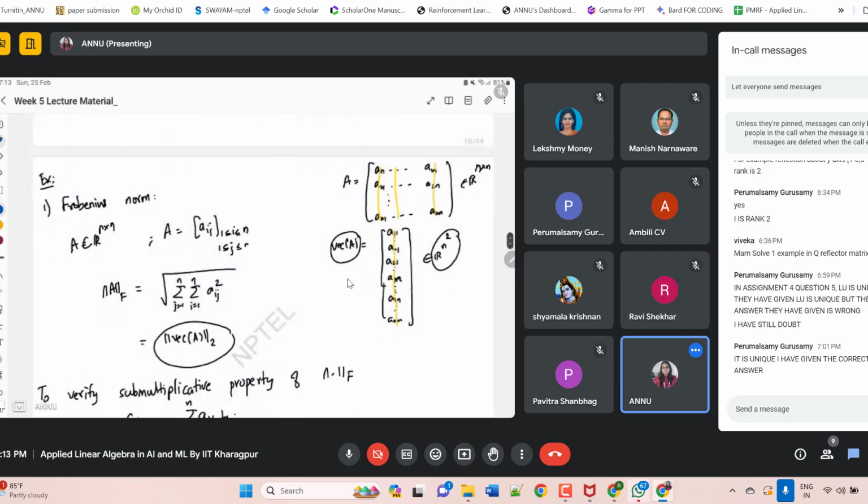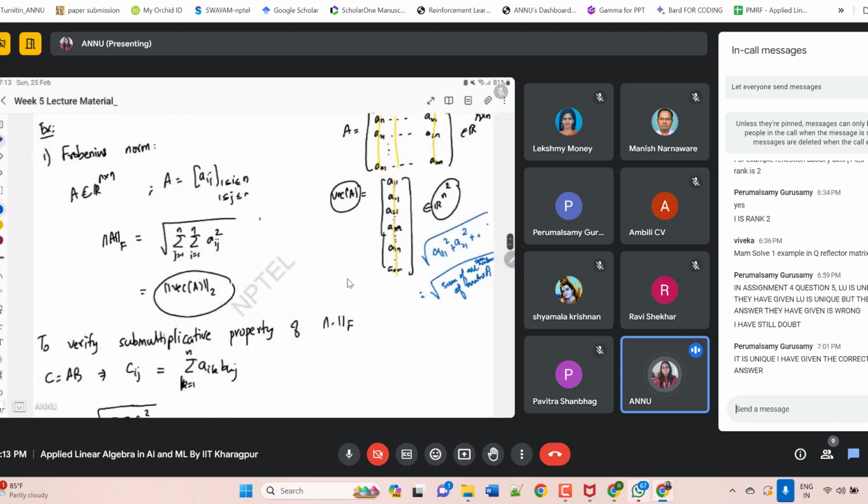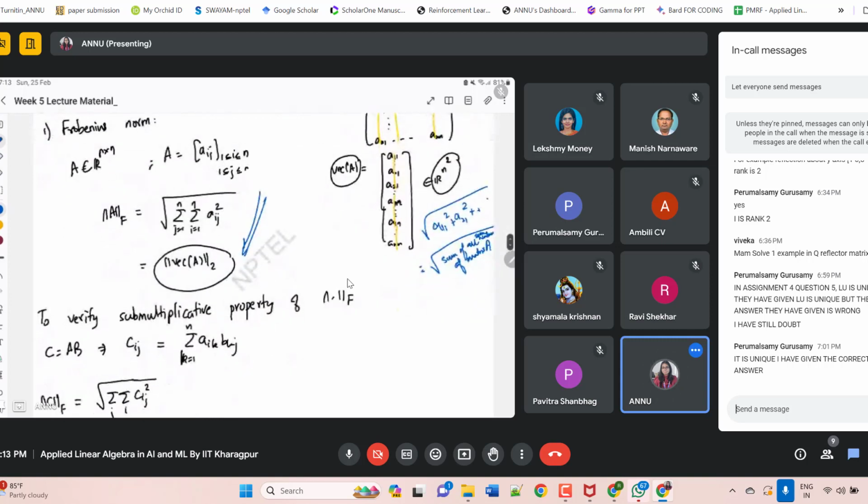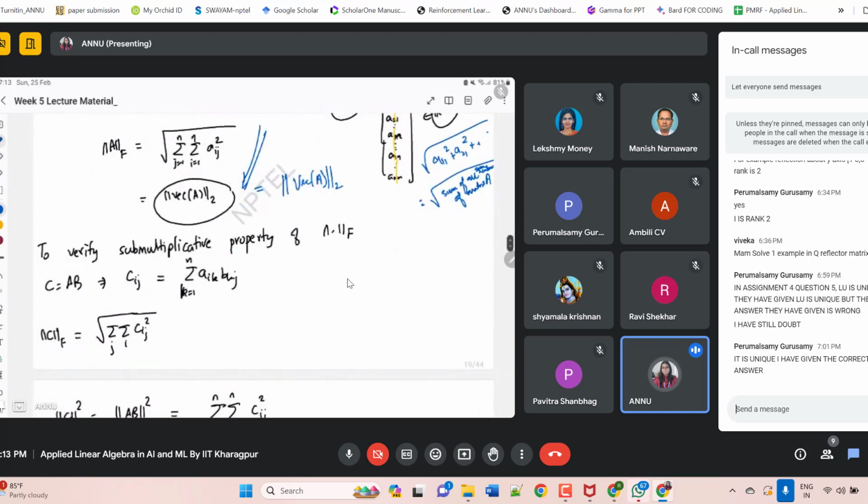So this is nothing but A1 1 square plus A2 1 square plus all the values of A. This is giving you the sum of the squares of all values of matrix A. That is giving you the Frobenius norm. Similarly, you can write it here because it has n columns and m rows. Or similarly, you can write this as the 2 norm of the vector of A. I hope this is clear up to this point.